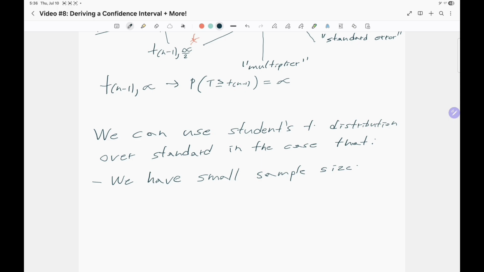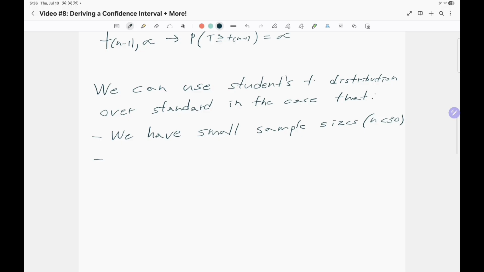I'm pretty certain the threshold is if our sample size is less than 30, and also if we don't know the population variance. If we know the population variance, we just default to standard normal because that's the right choice. But if we don't know it, then student's t starts to look like the better option.